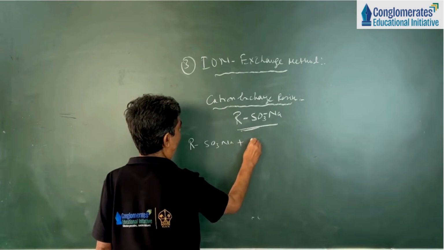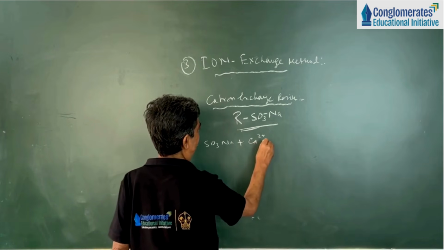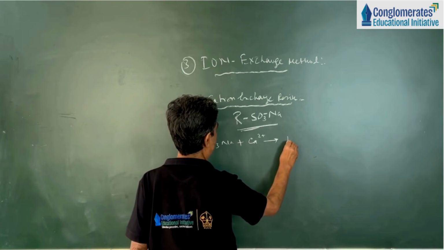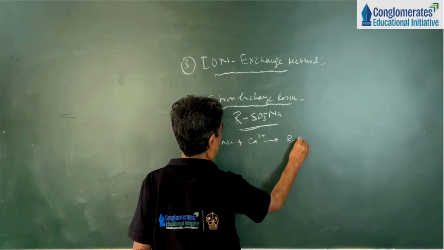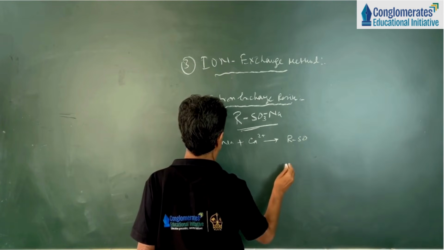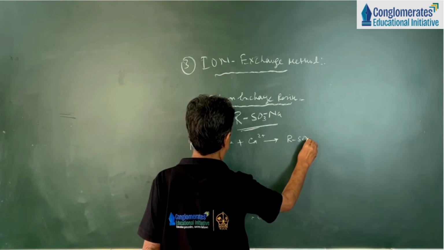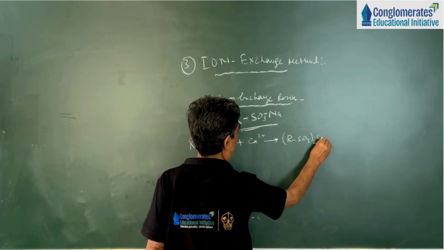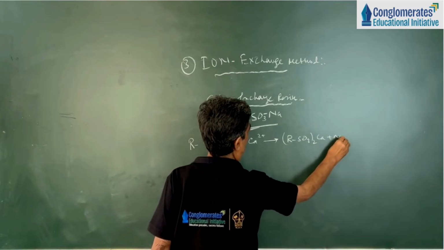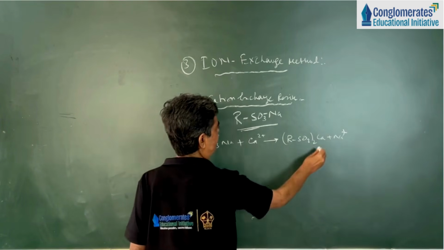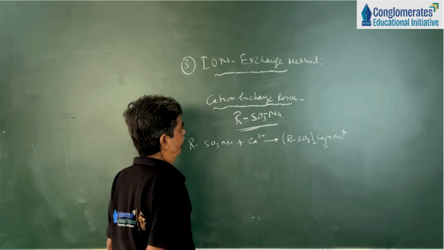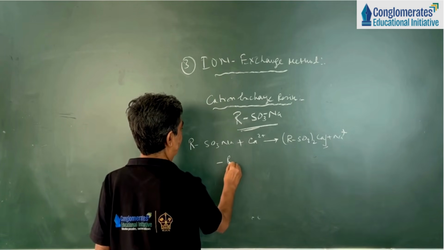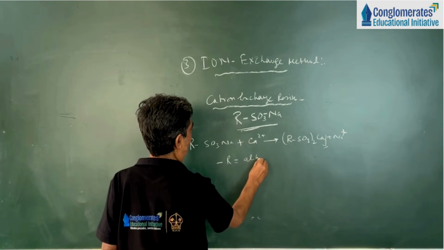Na plus calcium, then we will get, this is deposited as RSO3. What is R? R is called alkyl group.